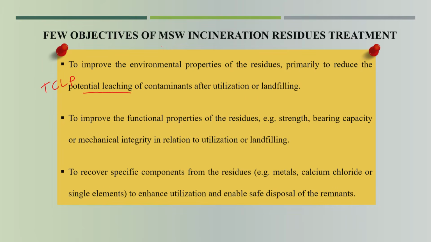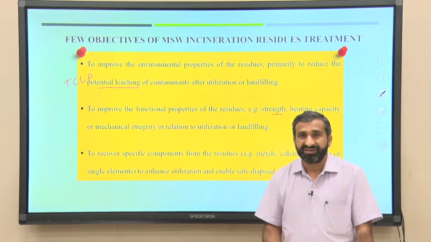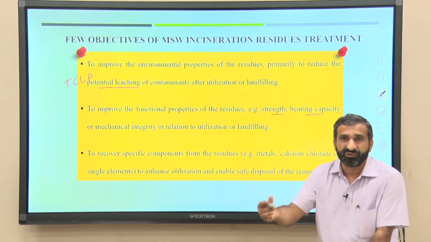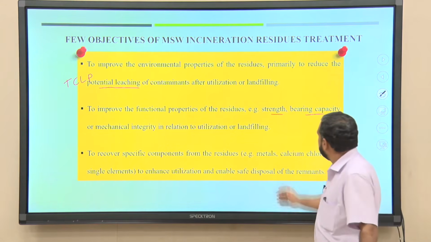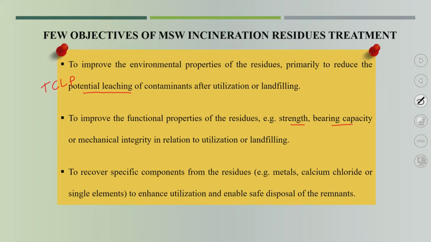To improve the functional properties of the residues, like strength, bearing capacity and mechanical integrity, in relation to utilization. Obviously, such ashes or residues are mostly proposed for construction purposes, so their strength and bearing capacity need to be known or improved so that they can be utilized for particular purposes.